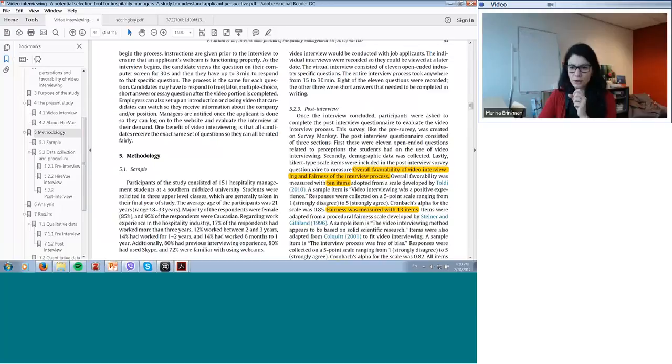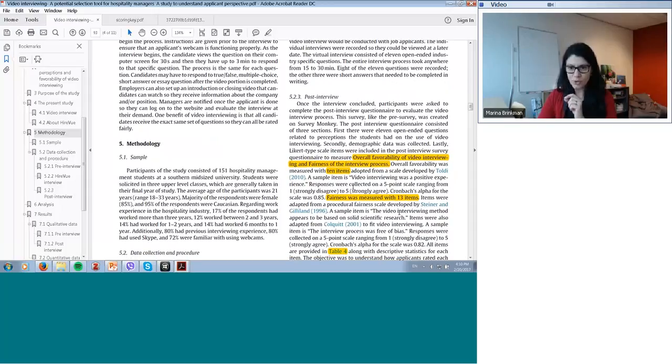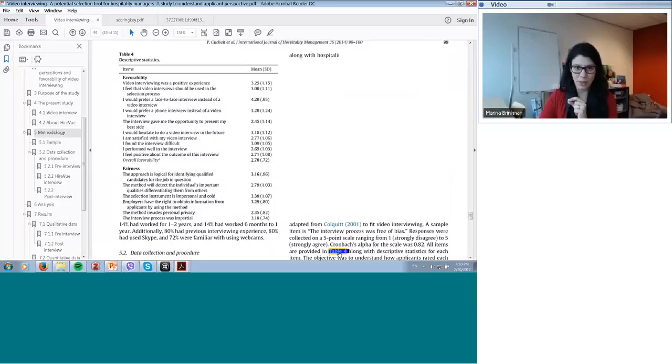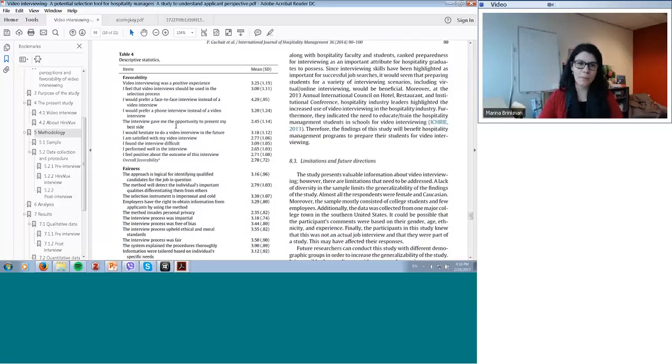The fairness of the interview process is another complex concept, and fairness has been measured by means of 13 items or 13 indicators. Those, so 10 plus 13, measuring those two complex concepts, have been reported in this paper in table 4. In this study, a 5-point Likert scale has been used.